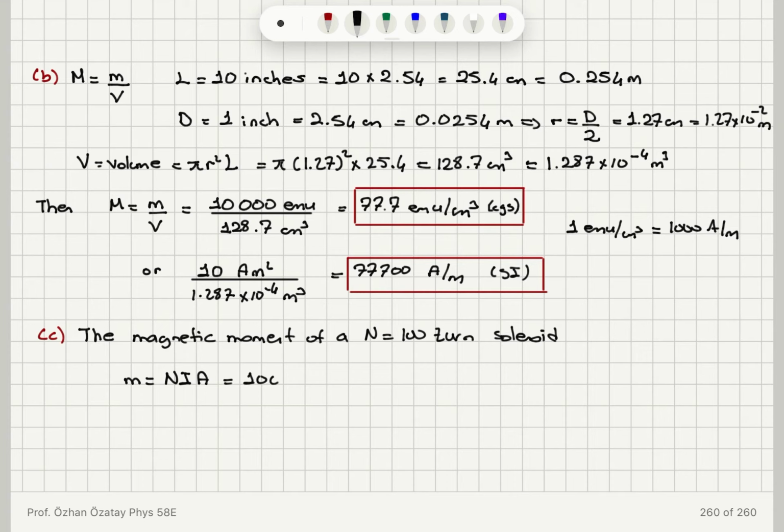So this will be 100 I times pi r squared, 1.27 times 10 to minus 2, that was the radius squared. So I'm working in SI here because I want to keep current in amps. This gives me 0.0507 I, and that's equal to 10 ampere meter square. So I find that the current has to be 197.2 amps.